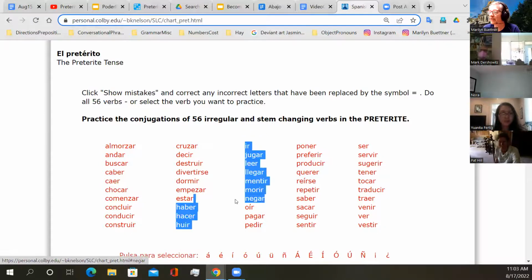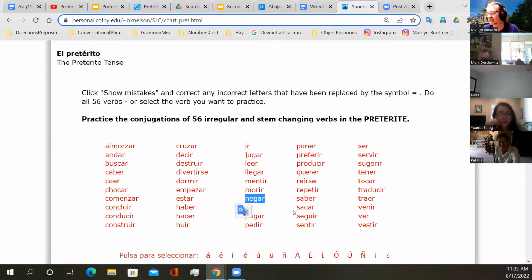So there are a lot of things on this list you may not need. Negar, to deny, or, you see, some of these verbs you are less likely to use conversationally than others. So what are you likely to use conversationally? You are likely to use tener a lot. You are likely to use ser a lot. You are likely to use ir a lot.